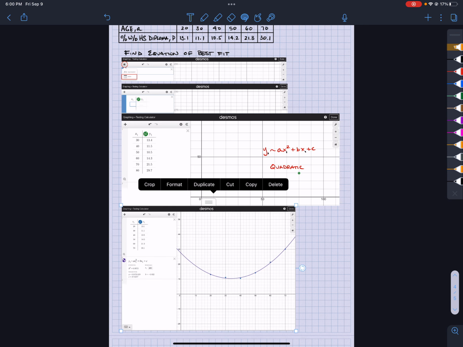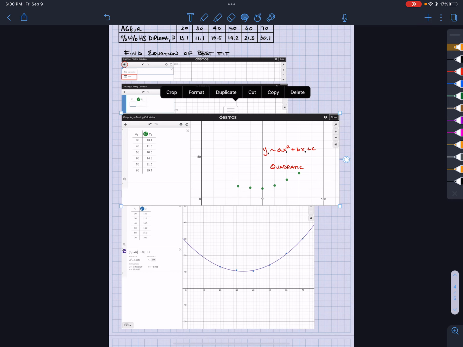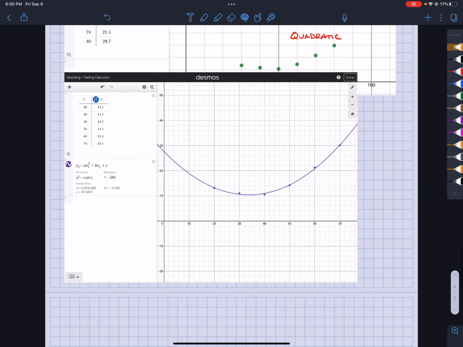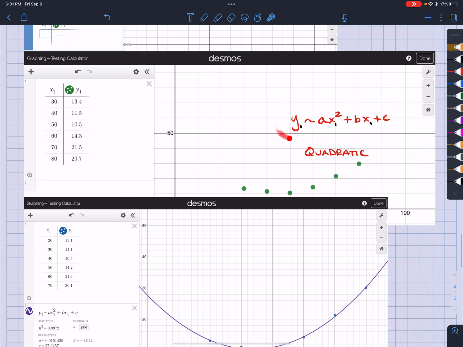There we go. If you look at this right now, you can still see all the points I put in, and here is what I plugged in right here, okay? So you can see where my A is, what my B is, and what my C is, and you can see exactly what I plugged in, exactly what I said right here.